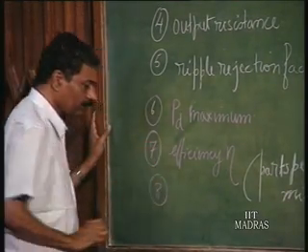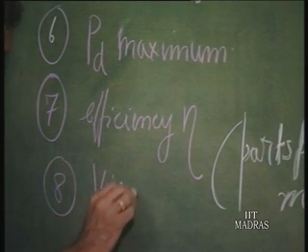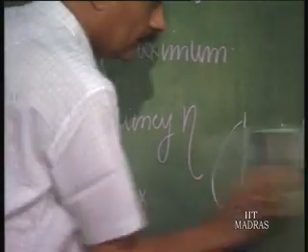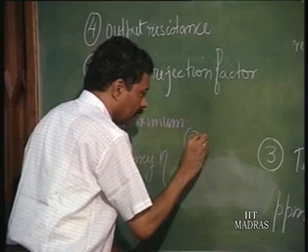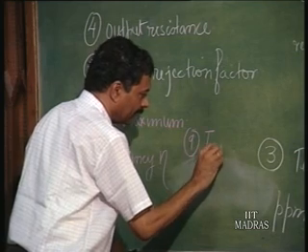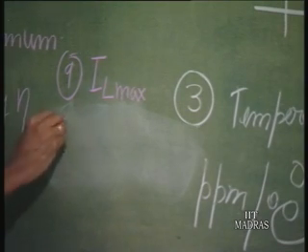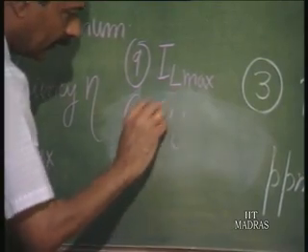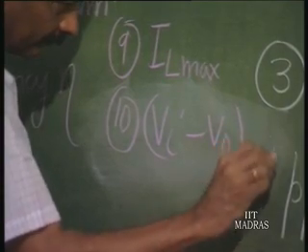Then there is what is called VI, unregulated voltage maximum, and then we have a maximum current that can be given, IL maximum, that can be delivered by the regulator without any problem. And also we have V I minus V naught, minimum.